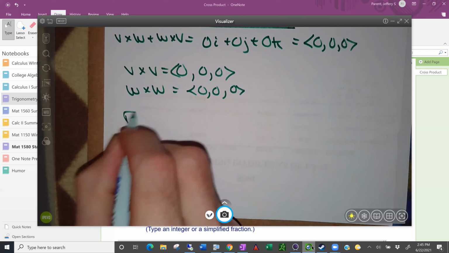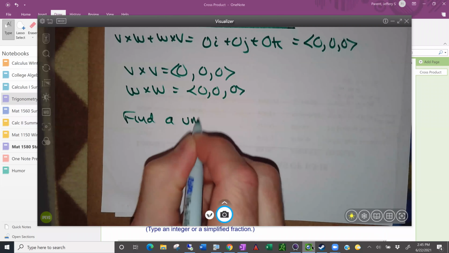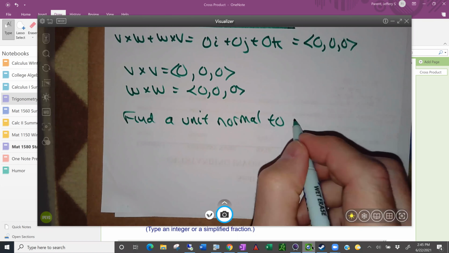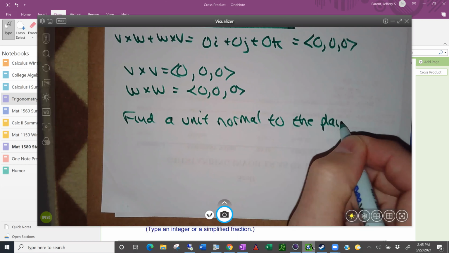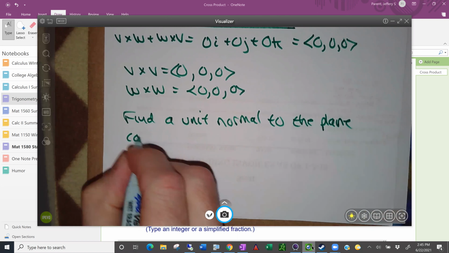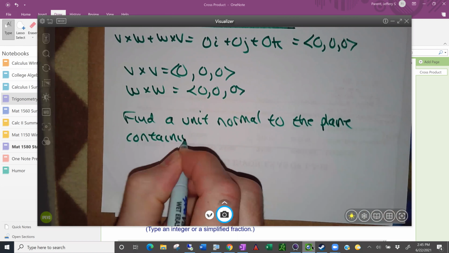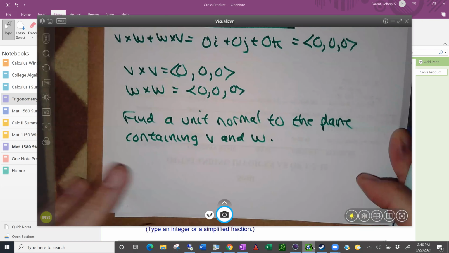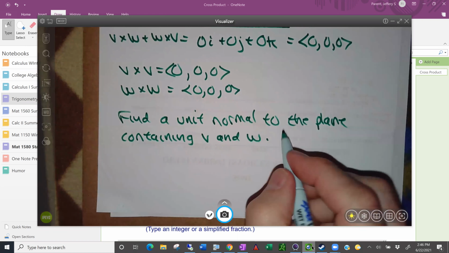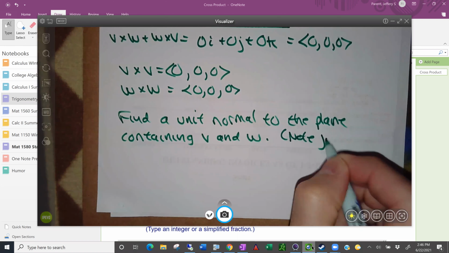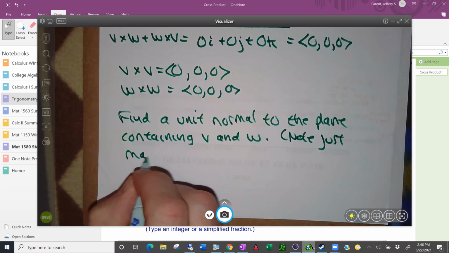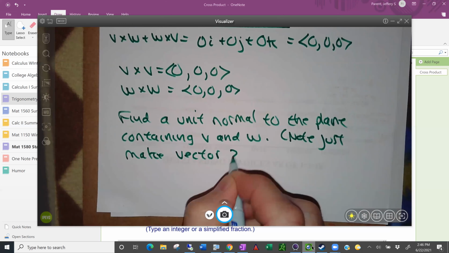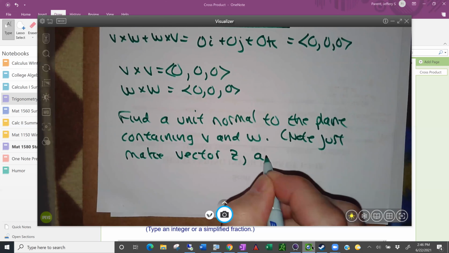So find a unit normal to the plane containing V and W. Note, just make vector Z a unit vector.